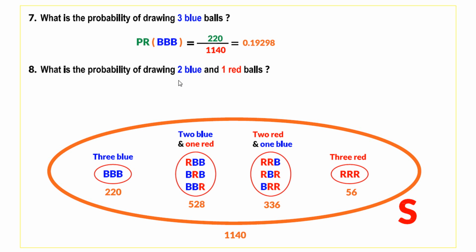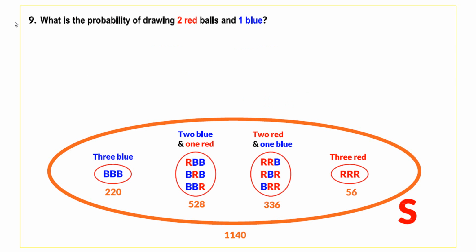So the question can be asked in different ways. Somebody may ask what is the probability of drawing 2 blue only, and somebody else may ask what is the probability of drawing 1 red only. So both will refer to the same event with possible outcome of 528. So we divide that over 1140 and we get 0.46.